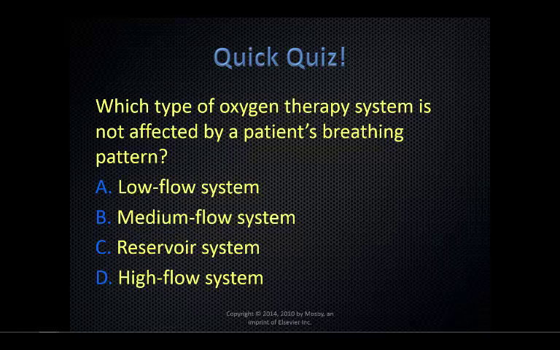This type of system is not affected by the patient's ventilatory pattern. So a high-flow system uses either an air entrapment system or a blending system to mix air and oxygen to achieve the desired FiO2. There is no medium flow system. Now, probably the one that you're going to be most familiar with for a high flow system is called a non-rebreather mask. And I think we have an example of this later on.